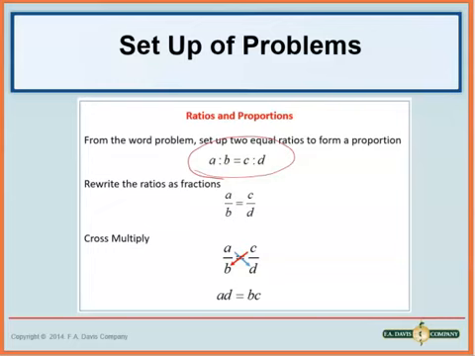So it's going to look like this. And then you're going to rewrite those ratios as fractions in order to be able to solve for whatever the unknown is. And then of course you're going to do cross multiplication just like we just did in order to solve for your unknown.